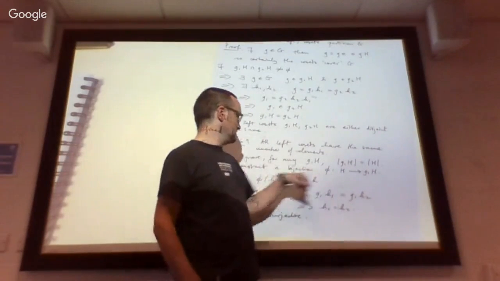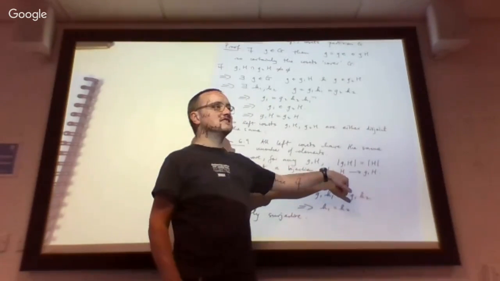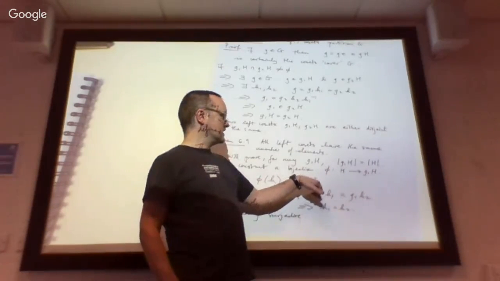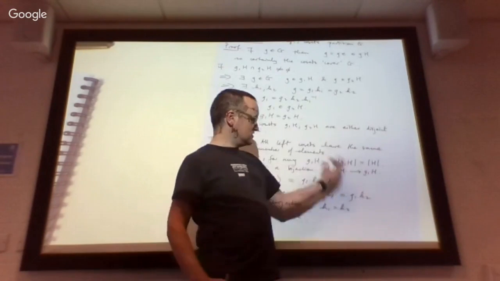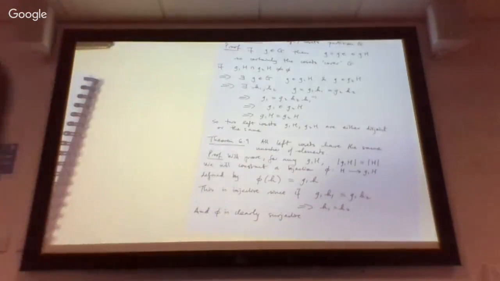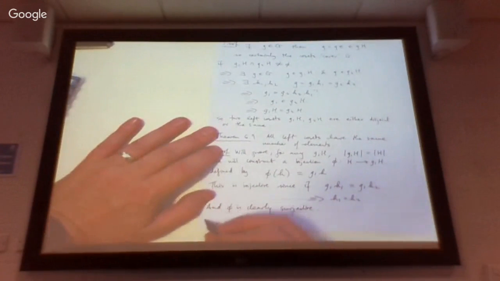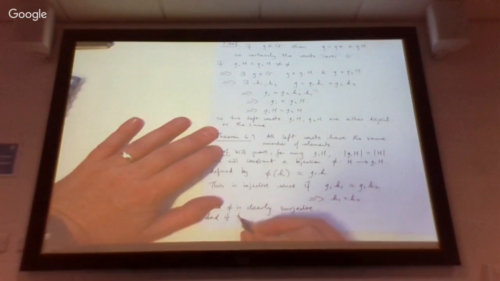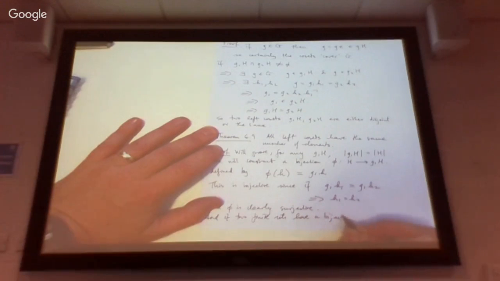Well, yeah, because the domain is H. So when you look at all the products G1 times a little h for any h in H, you do get the whole of the codomain, which is the left coset of H. And if two finite sets have a bijection between them, a one-to-one and onto mapping between them, then they have the same number of elements.